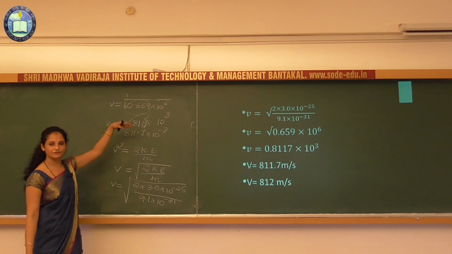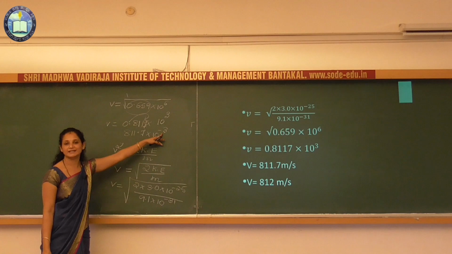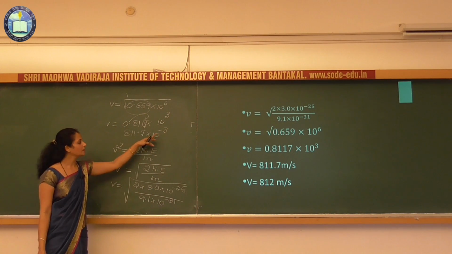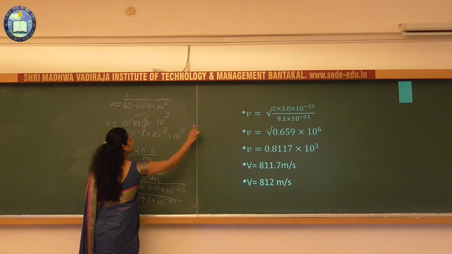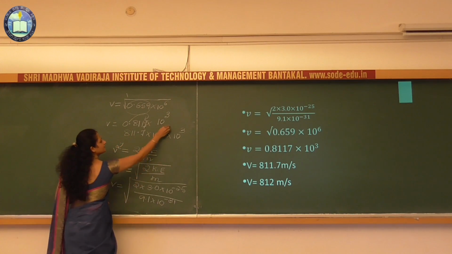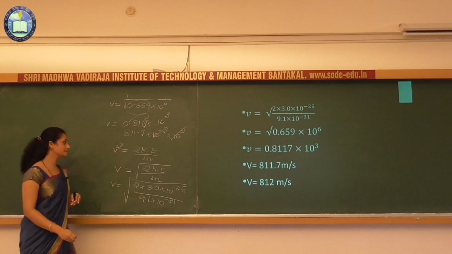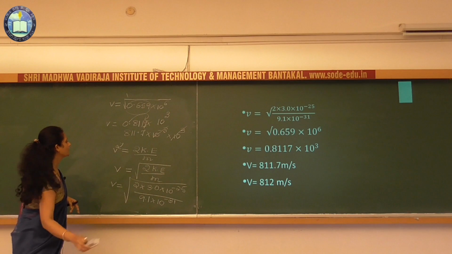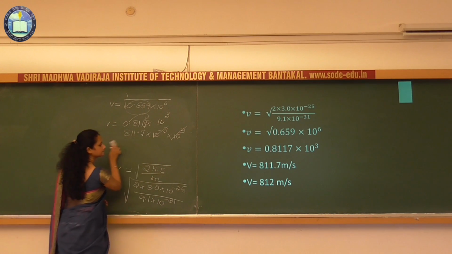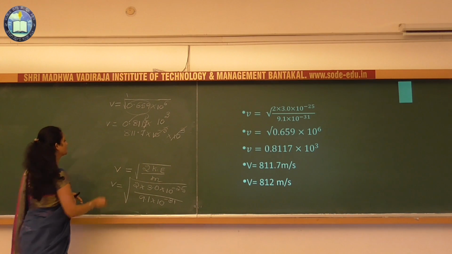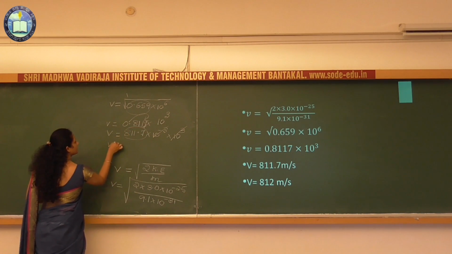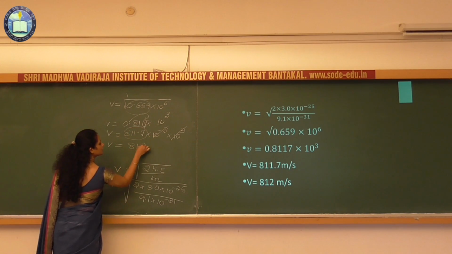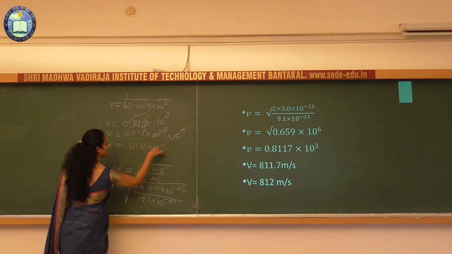The decimal point is shifted towards the right, so we have to take the negative value over here. So 10 to the power minus 3 plus 3 cancels. Now we have 811.7 meter per second velocity, or we can also take V is equal to 812 meter per second.